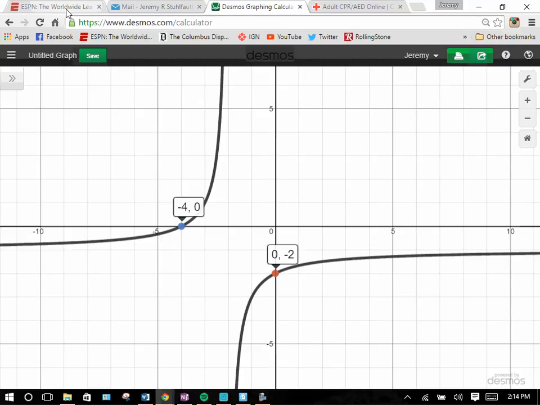Typical function, which is 1 over x. Okay, so we know that f of x is equal to 1 over x. That's our parent function. Right, so let's see if we can come up with this together.